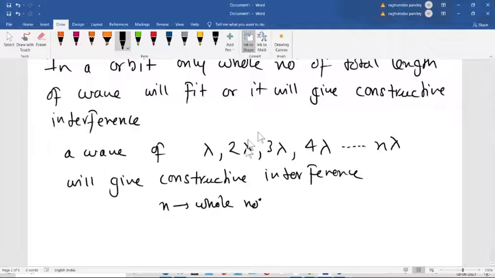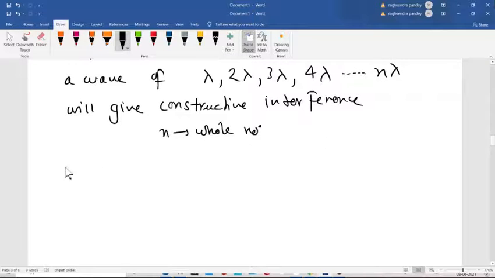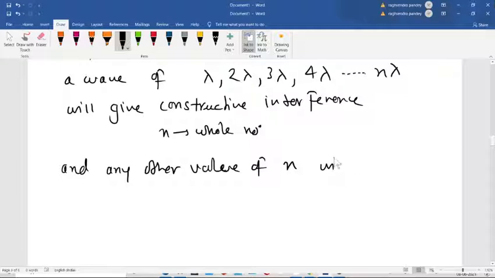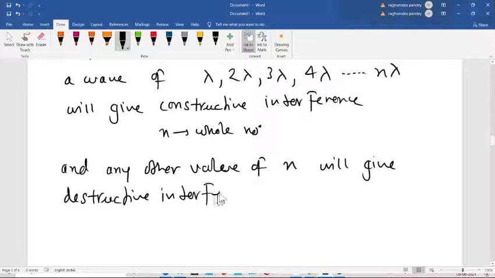But when I take 3 lambda, 4 lambda, or n lambda, it will give a constructive interference, and any other value of n will give destructive interference.